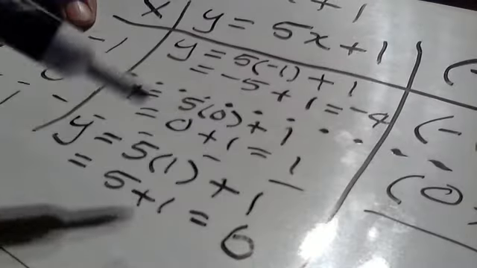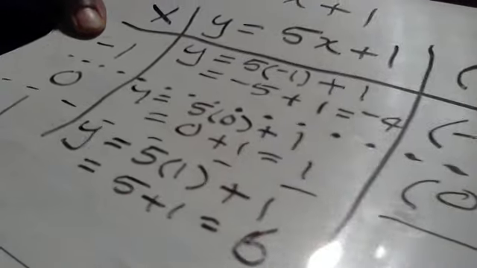So let's get to work. We'll have y is equal to 5 times 1 plus 1. And 5 times 1 will be 5 plus 1, and 5 plus 1 will give us good old number 6. That's a 6.